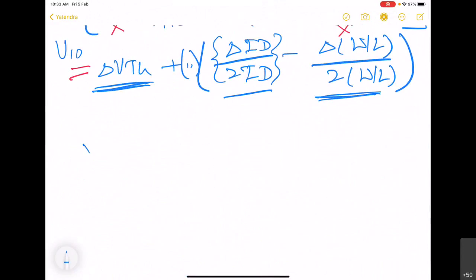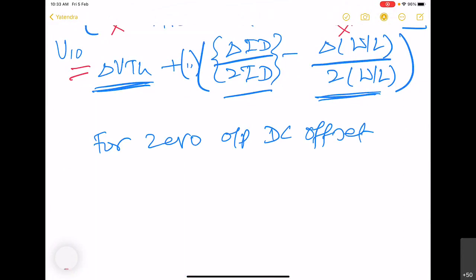So for 0 output DC offset, RD1 ID1 is equal to RD2 ID2.